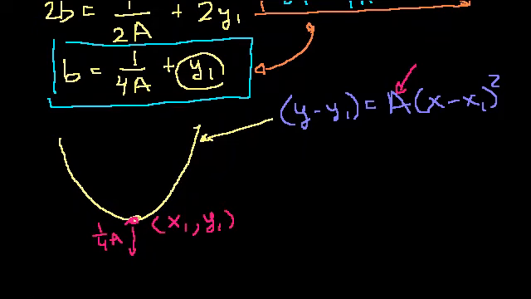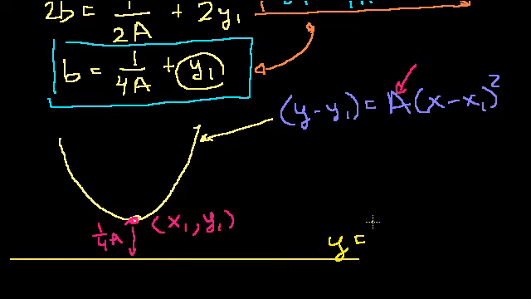So your directrix is going to be right there. And let me write, this is y is equal to y1, which is just this level, minus 1 over 4a. But this is the intuitive part. Just remember, you're going 1 over 4a below the vertex.